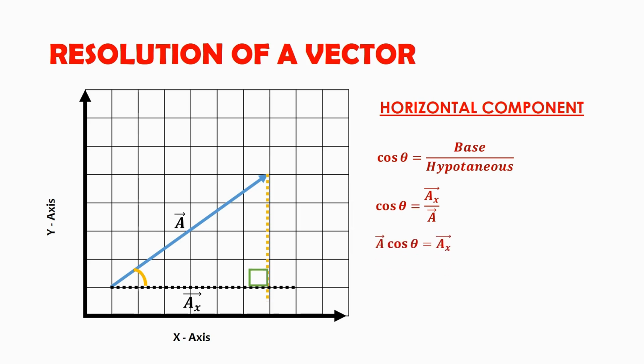So at the end it will look like A cos theta equals AX. We can rewrite this as AX equals A cos theta. This is the main equation whenever we are dealing with the horizontal component. If we are required to get the magnitude of the x component of a vector and the angle is given, we would be able to find it by using this formula.